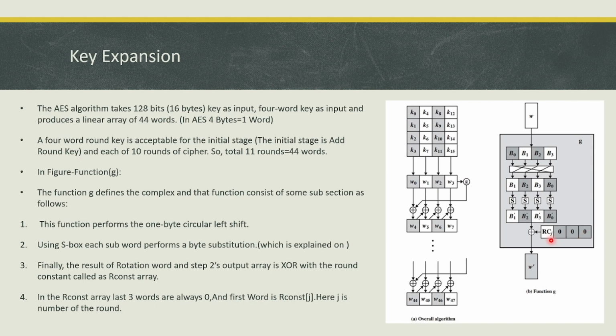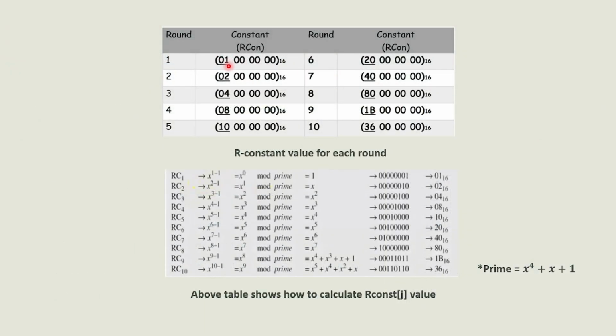The most significant byte is Rcon, and this value will change according to the round number, and the last 3 bytes of this array will always remain 0. So how can we calculate the Rcon value? For the first round it is 01, for the second round 02, third round 04, fourth round 08, and for the 10th round 36.